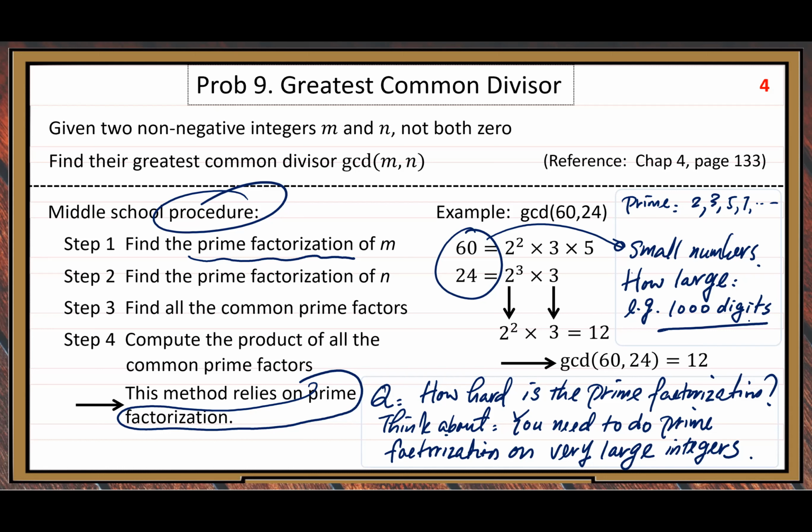Okay? You can use a supercomputer. You're allowed to use a supercomputer. Even with that, can you imagine how slow it is to do the prime factorization on this 1,000 digits? Based on our impression, the current technology, the computing power is so advanced, right?